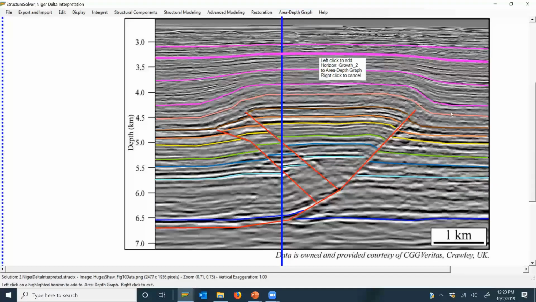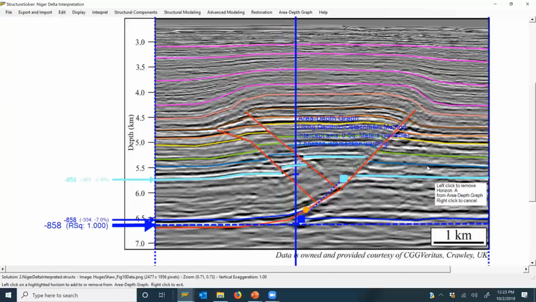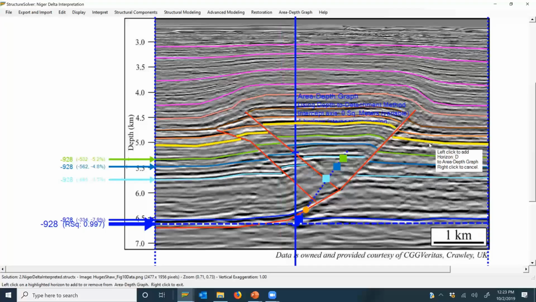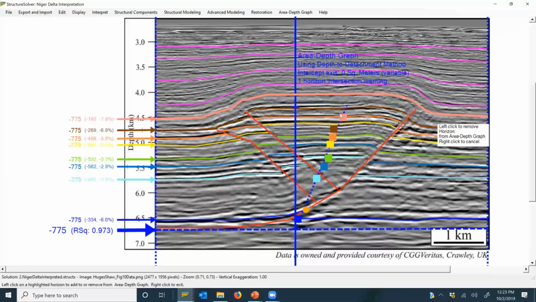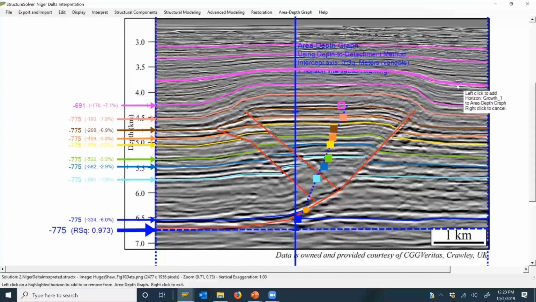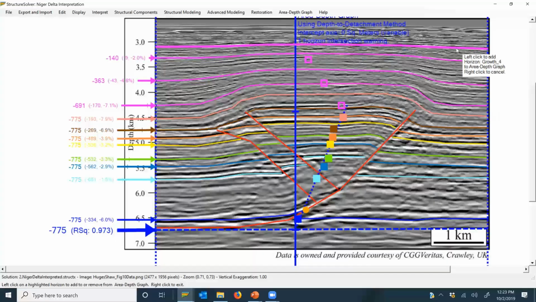So we'll continue adding horizons to our area depth plot, starting from the bottom. The multicolored horizons are following this linear trend where the fold areas decrease with depth. But you'll notice that as we go upwards into these pink horizons, there's a change in that fold trend in terms of the fold areas.